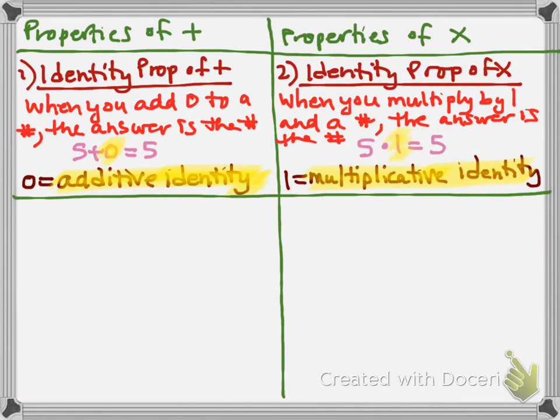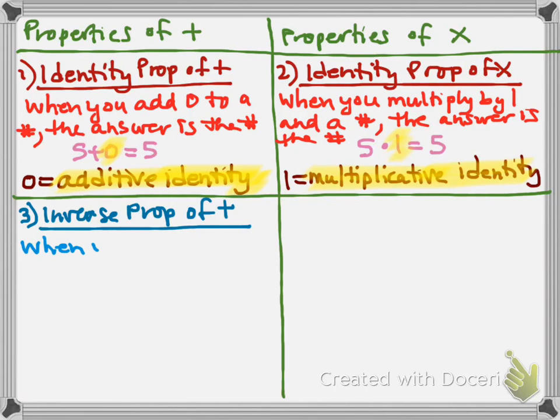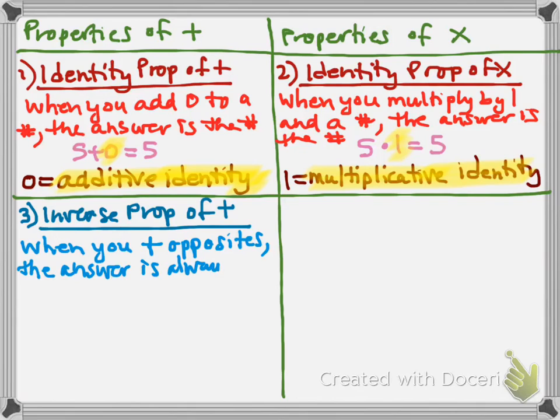Next properties are called inverse properties. So we have the inverse property of addition. And this property says when you add opposites, what is the answer always going to be? The answer is always 0. Not sometimes, always.